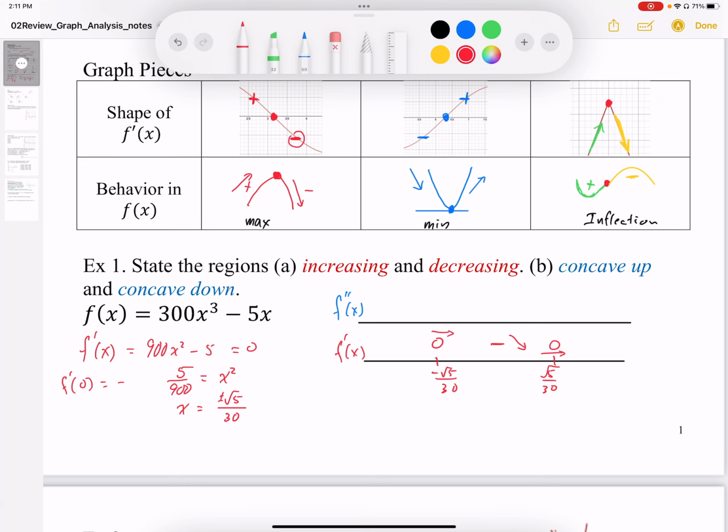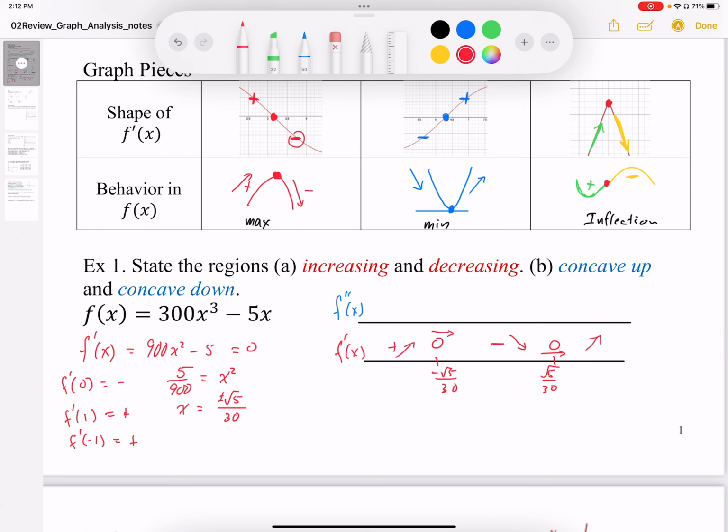And then checking some other coordinates, f prime, well, let's just choose x equals 1. That's going to be bigger than root 5 over 30. At x equals 1 it is positive. F prime at negative 1, again, we're going to end up with positive. So we have positive slope here and positive slope here.